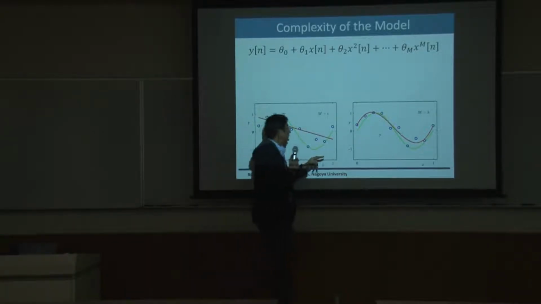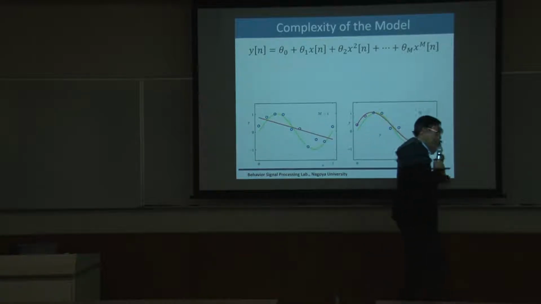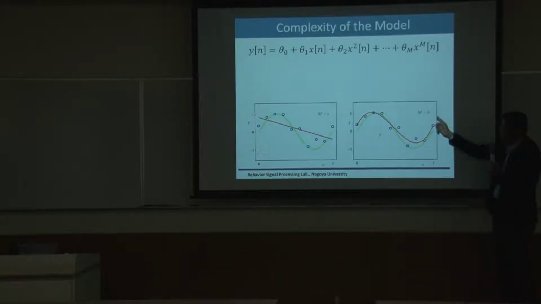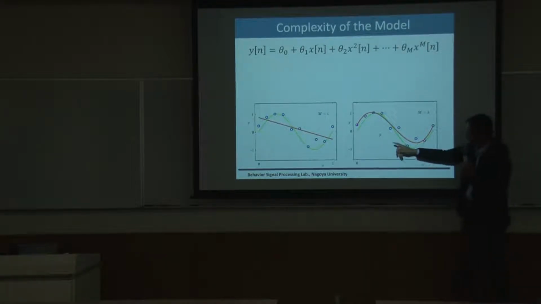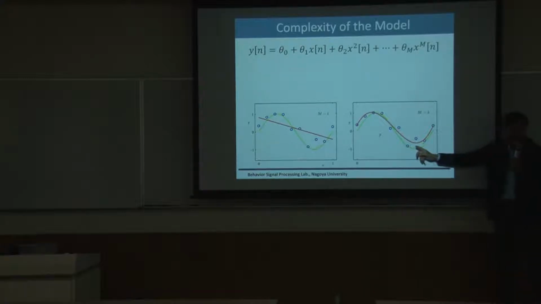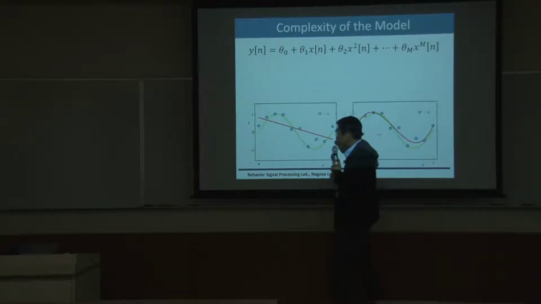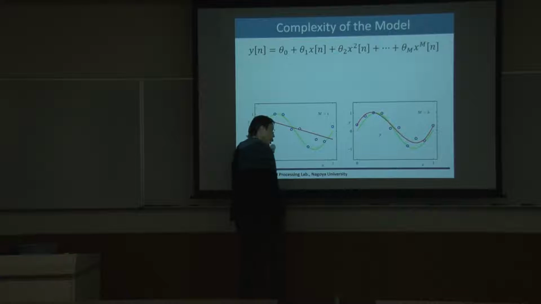Obviously, if you increase the number of free parameters to 4, then the result of the regression becomes much better than the simple regression. But still, it depends on your idea.